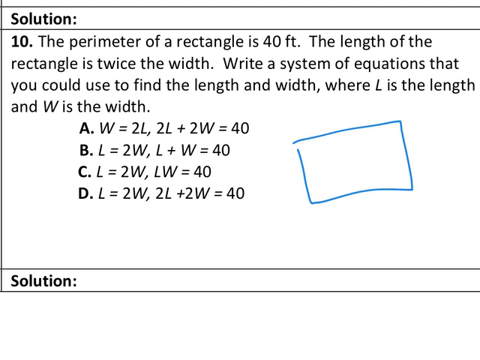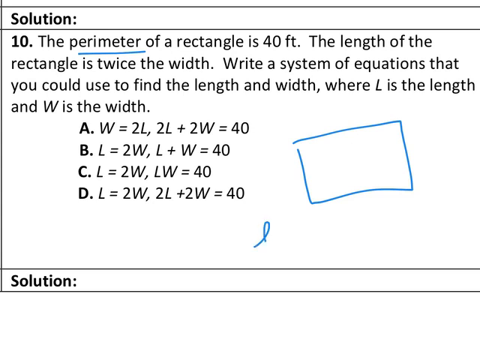Alright, so I guess I would need to know that perimeter is when I add everything up. So the perimeter of the rectangle is 40 feet. And it says the length of the rectangle is twice the width.